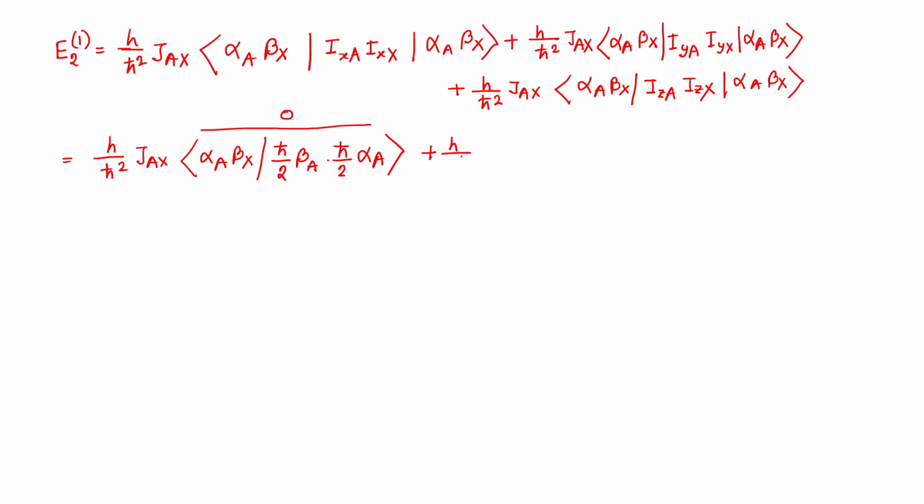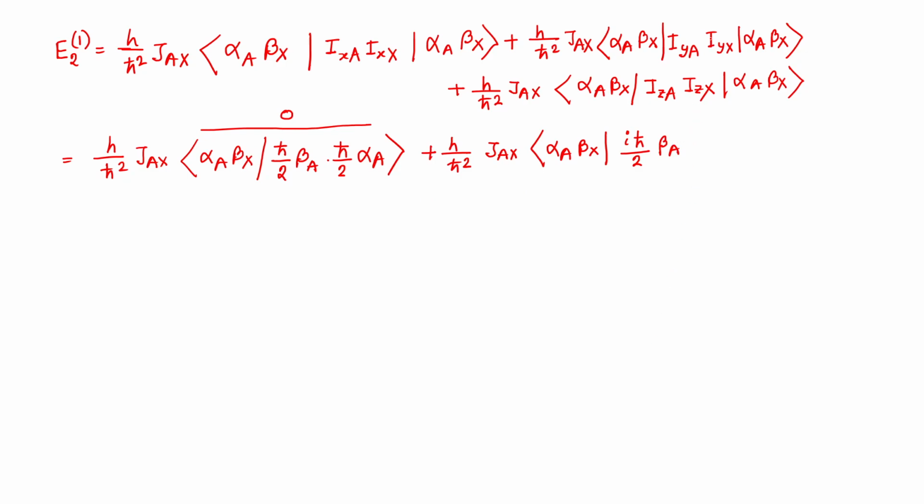What about the next one? Iy, when it operates on alpha A, y operating on alpha is going to give me ih cut by 2, and it will change the wave function.